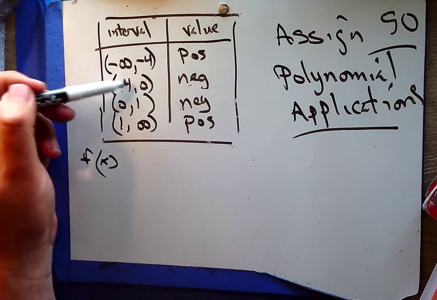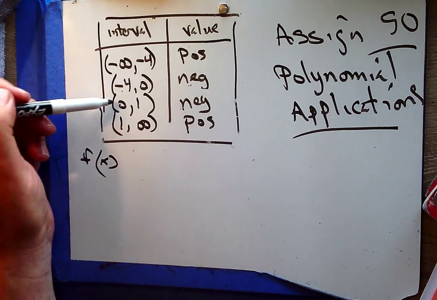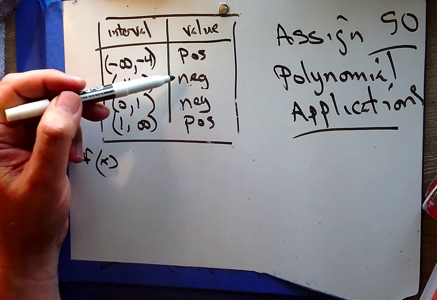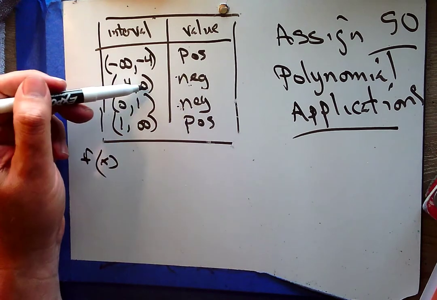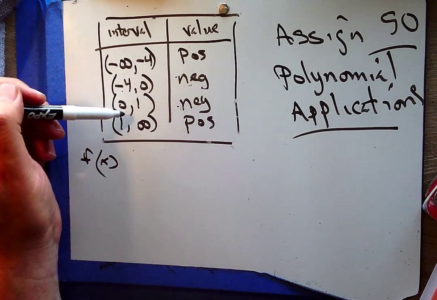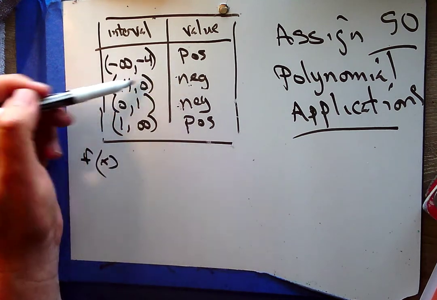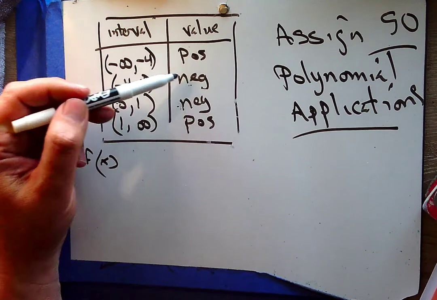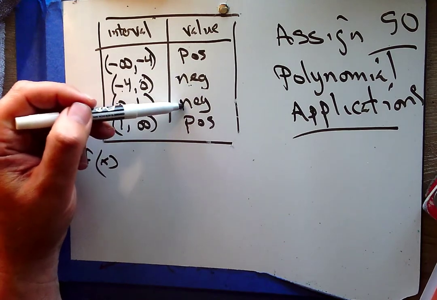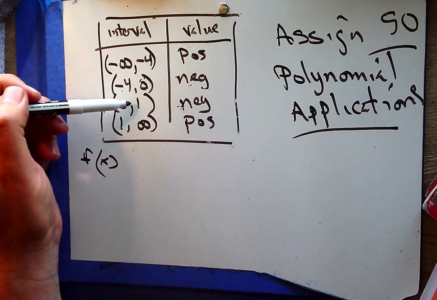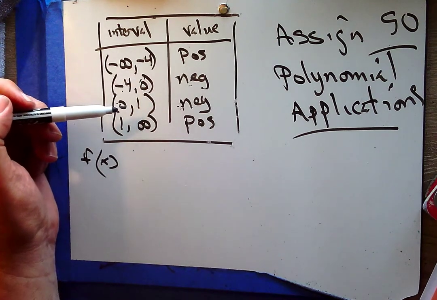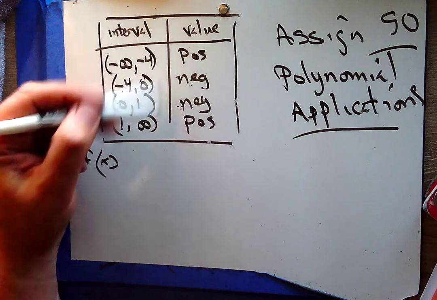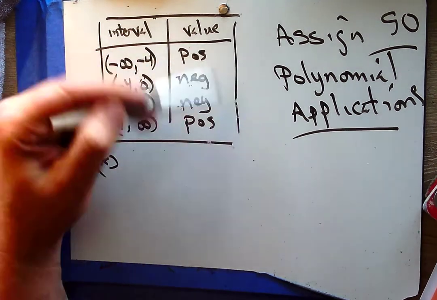Why didn't they just go negative 4 to 1? I wonder what's happening there at 0, that the function values are negative here, the function values are negative here. What must the value be at x equals 0? Well, since 0 isn't included and these are negative, I think 0 has got a value of 0. I think 0 is an x-intercept for us. But we'll come to that in a little bit.